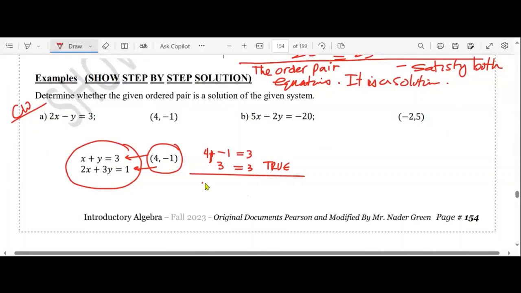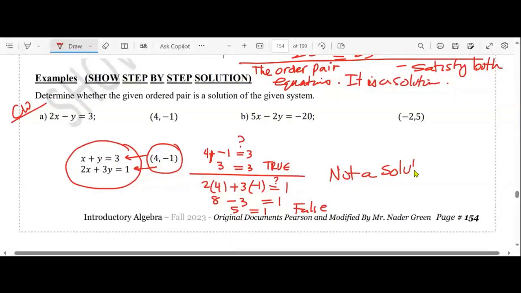Not true. Okay. You got the answer? Not a solution.